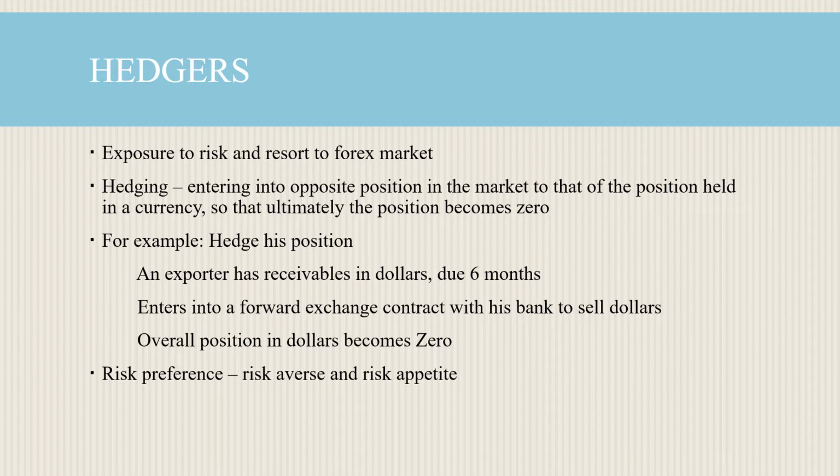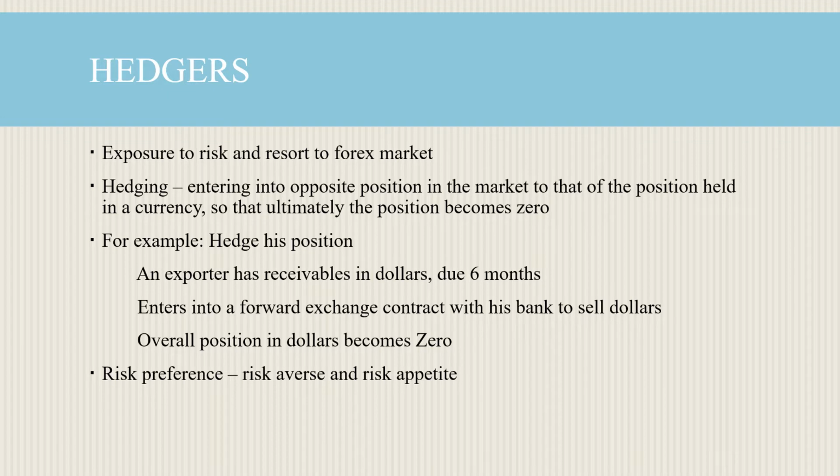Let's see an example. Suppose a person wants to hedge his position. For example, an exporter has receivables in dollars due in 6 months. He has to receive some amount in dollars after 6 months.